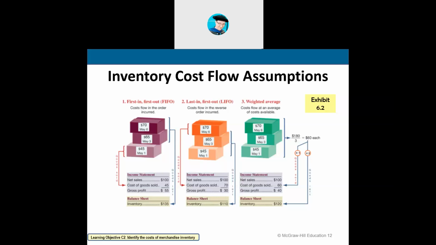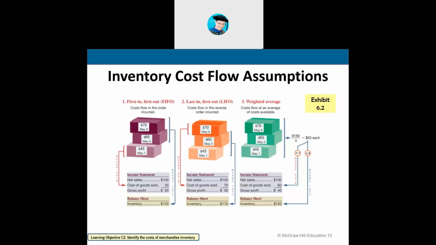That's the lowest out of the three methods, at least using this example. And so, having said that, I would opt to use last in, first out for this business in order to have the lowest carrying cost of inventory. Although, if it's a grocery store, they probably can't use this method because those products are perishable.